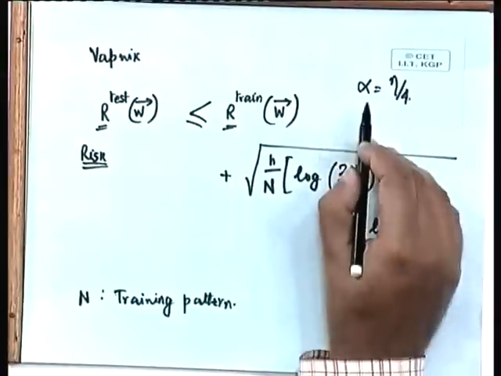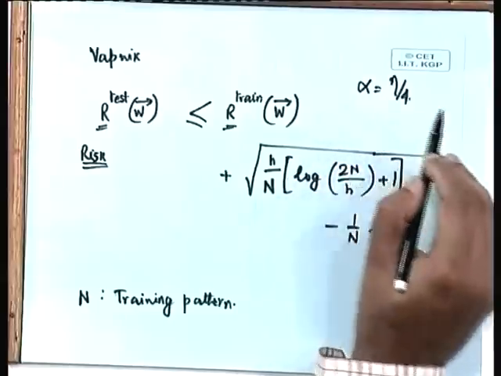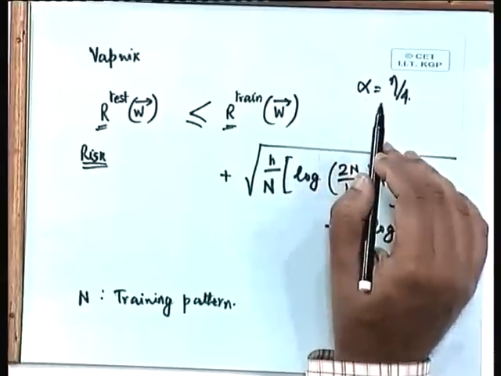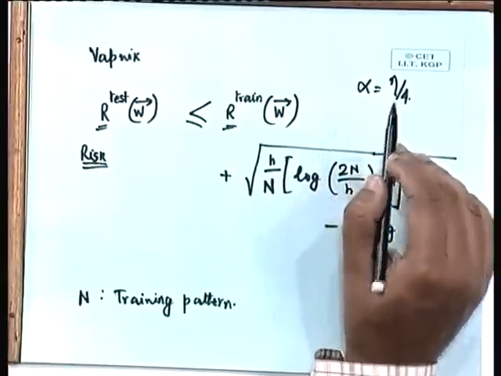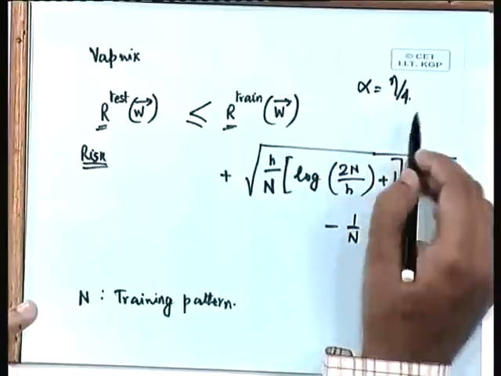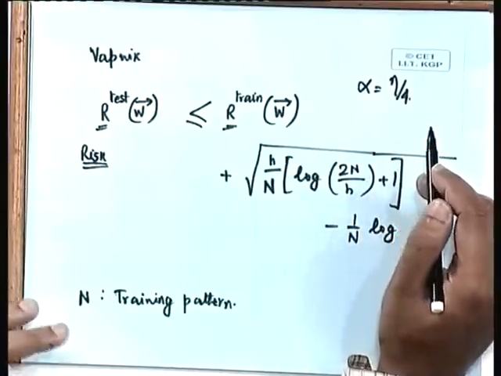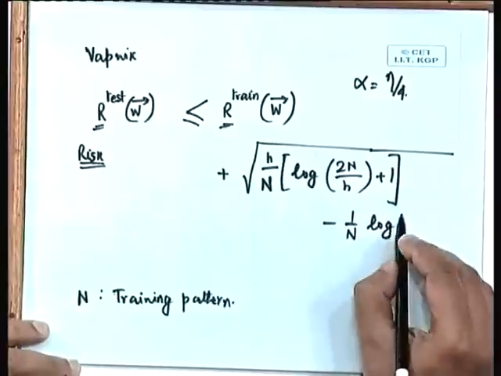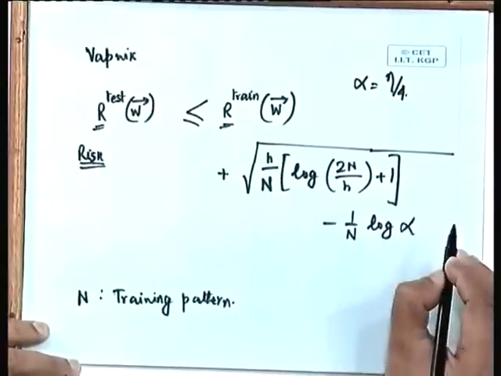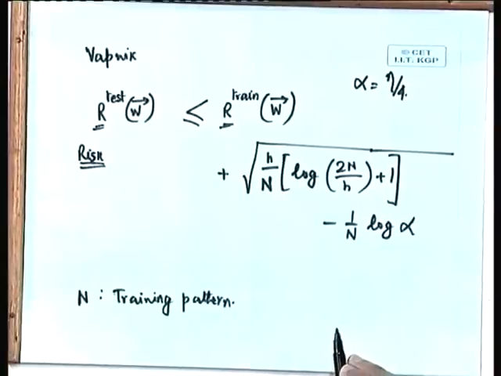So alpha in this case will mean just a scalar, constant quantity, which will be expressed as this eta by 4. So there we will be writing 1 by N log of alpha.